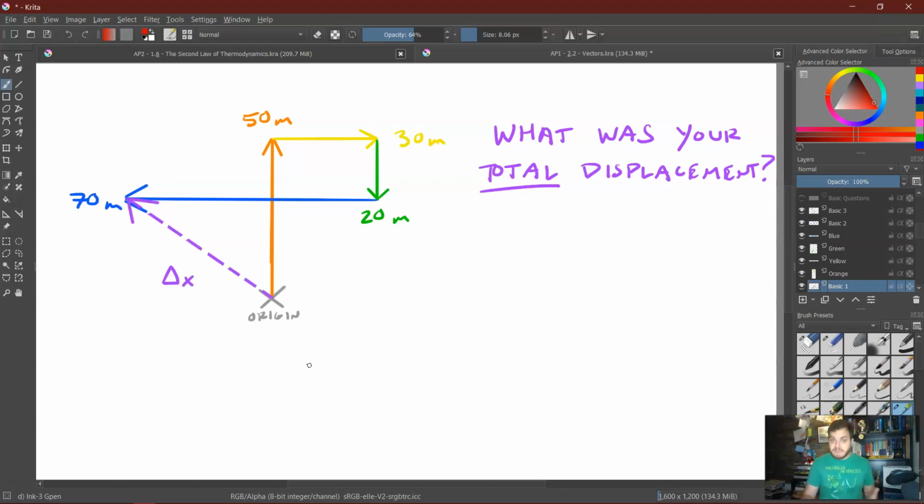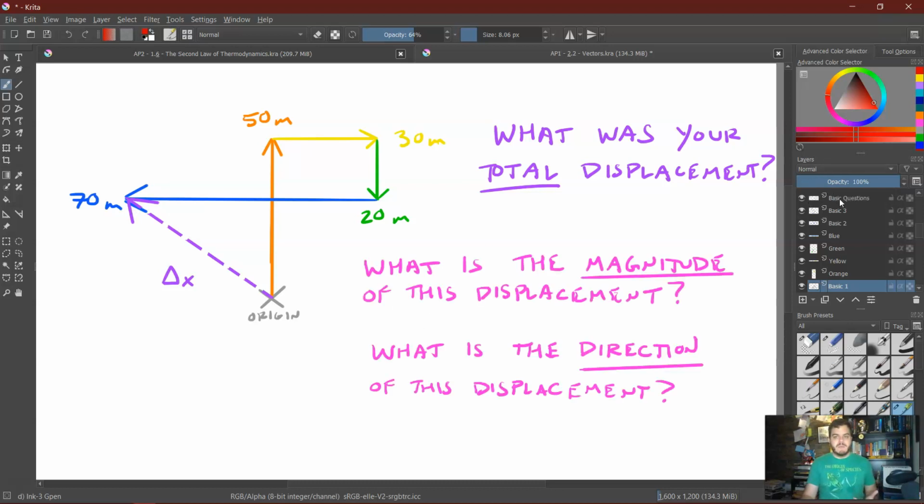Our resultant, which in this case would be delta x, would be starting at the origin and ending where 70 meters ends. And the question really comes down to, well, how can I determine the magnitude of that displacement? And how can I determine the direction of that displacement? Because the displacement is a vector.